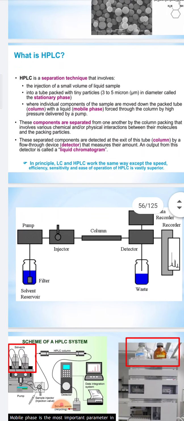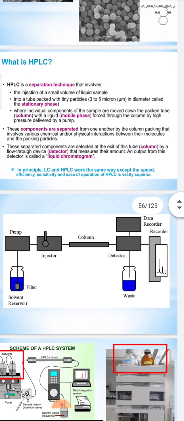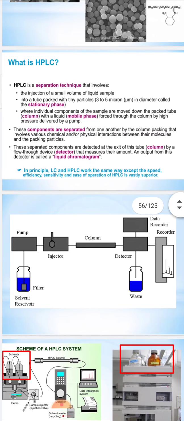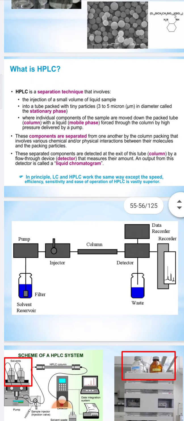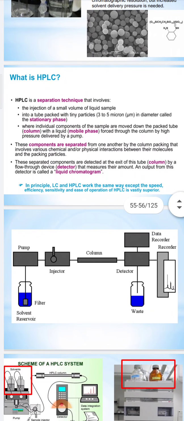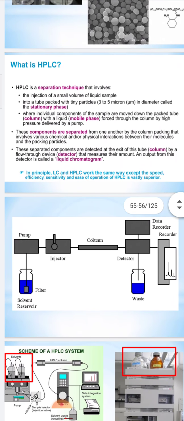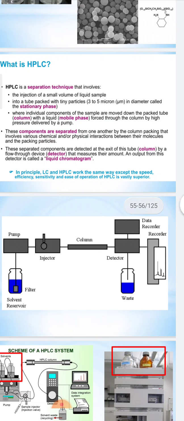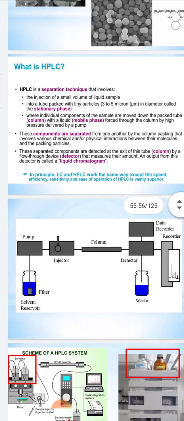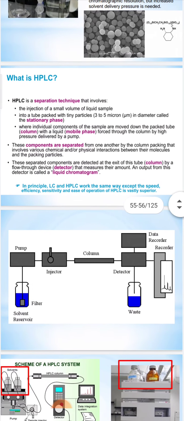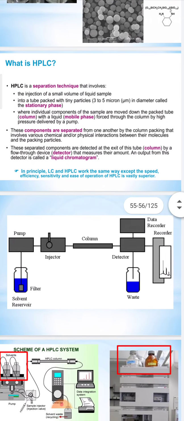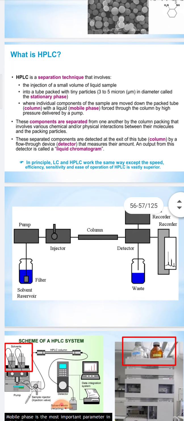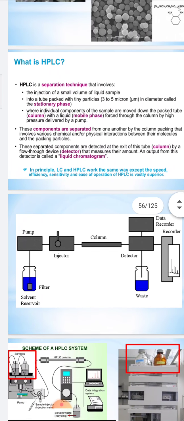These components are separated from one another by the column packing, which involves various chemical and/or physical interactions between their molecules and the packing particles. These separated components are detected at the exit of this tube by a flow-through device that measures their amount, and the output from this detector is called the liquid chromatogram.